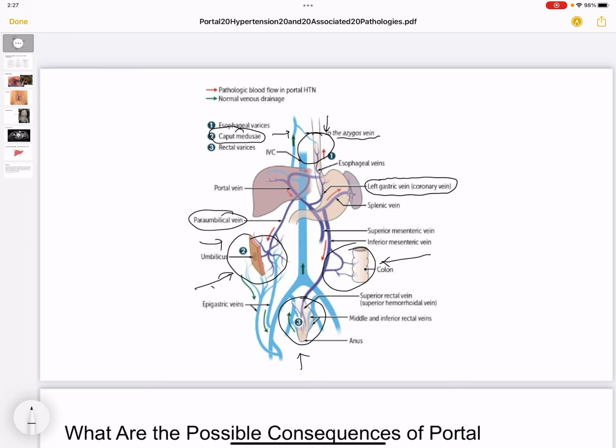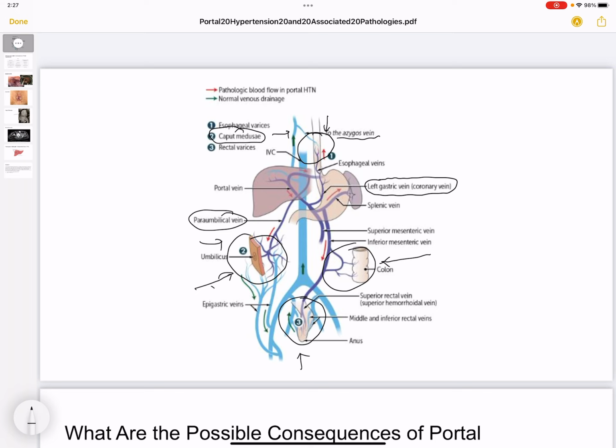And the third location that we're going to talk about is in our colon. The colonic veins that are part of our portal system are going to communicate with the left retroperitoneal vein in our systemic circulation.